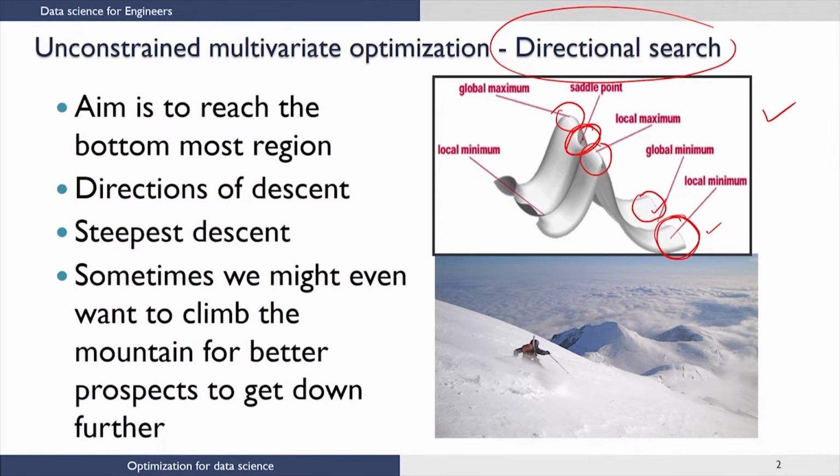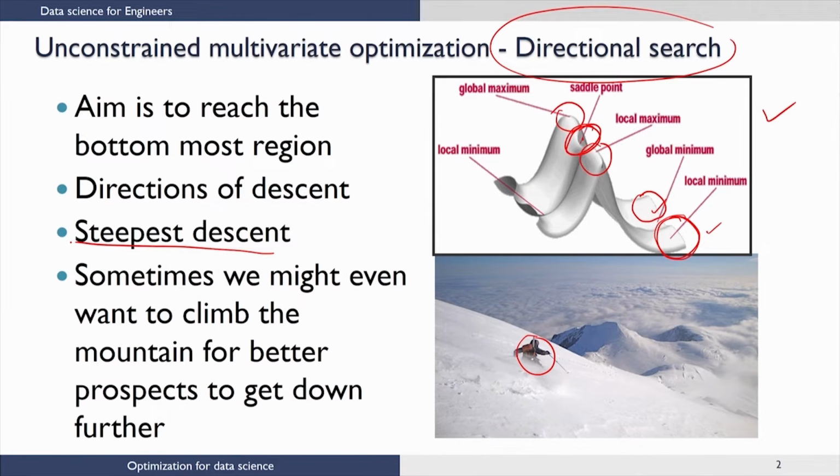Typically what you would do is the following. If you are at a particular point here and you say, let me go to the bottom of the hill as fast as possible, then you would look around and find the direction where you will go down the fastest. This is a direction we call the steepest descent.